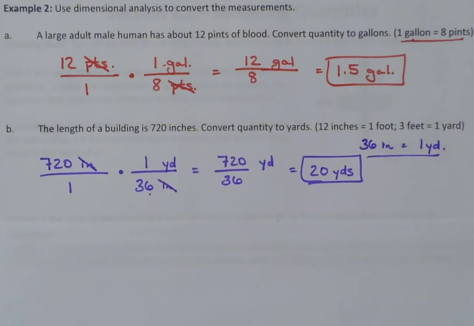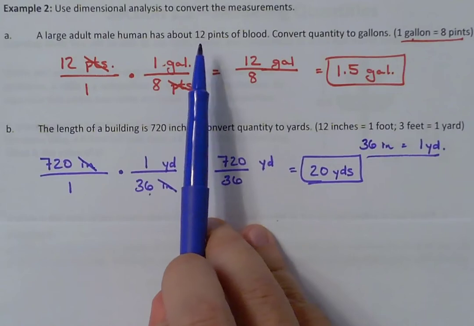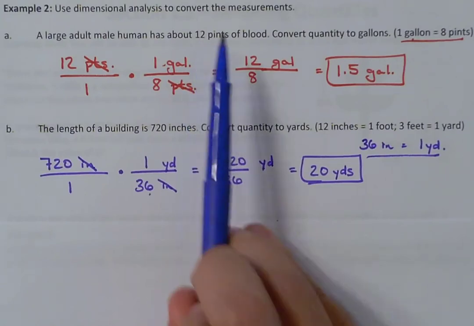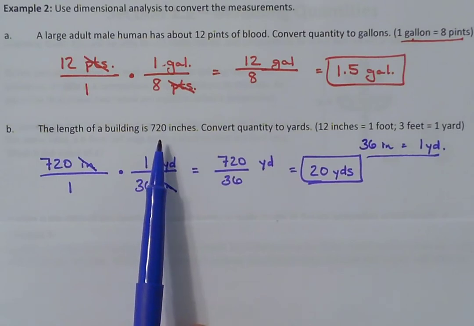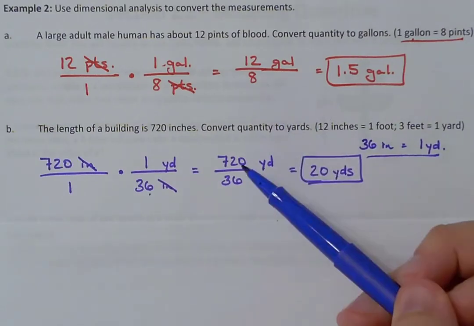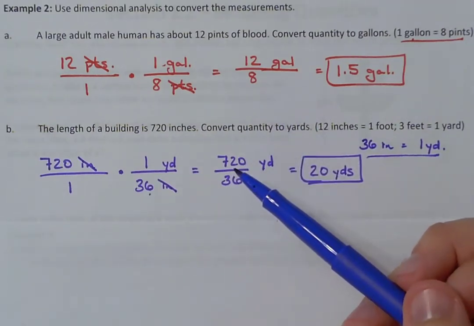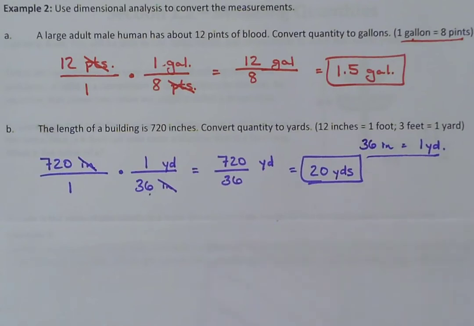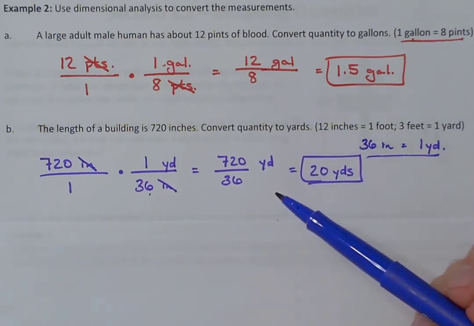I also recognize that you could very likely go to Google and type in how many gallons is 12 pints of blood, or how many yards is 720 inches, and it would convert and do it for you. I am just showing you how you actually convert stuff. But be aware of the tools that you have and ways that you can convert stuff that might be a bit simpler. This is just how you would do it by hand.